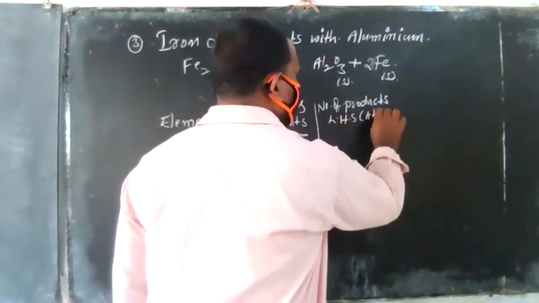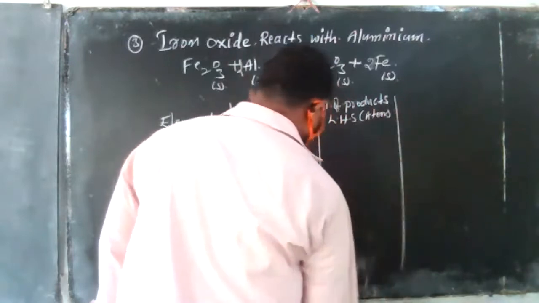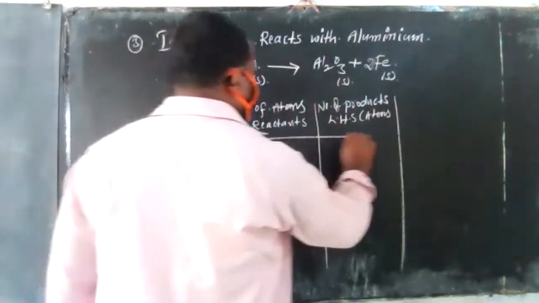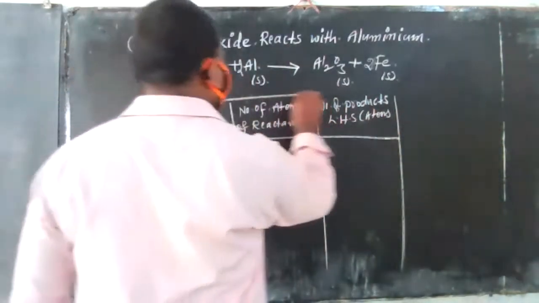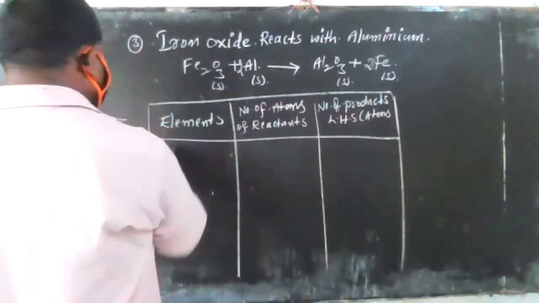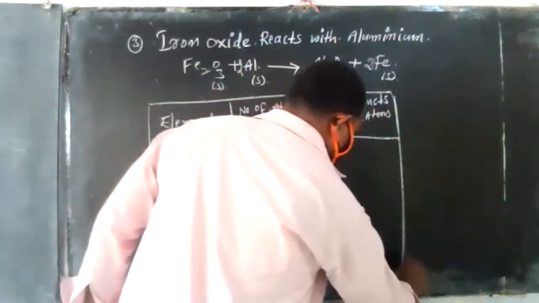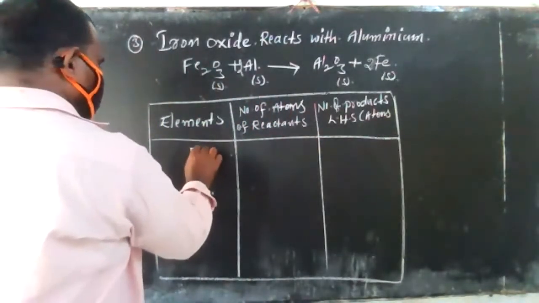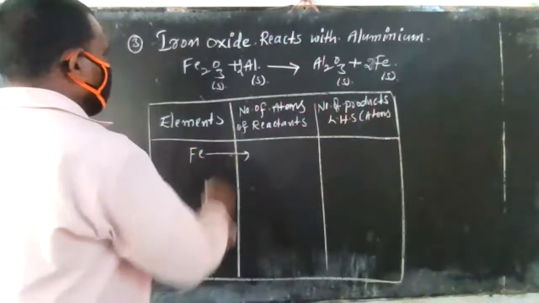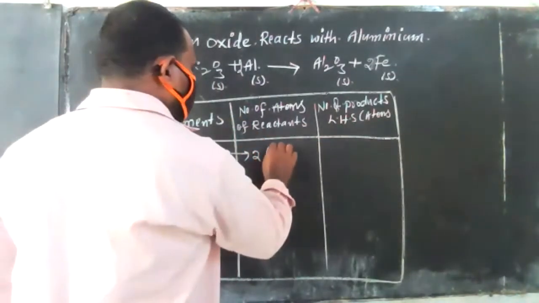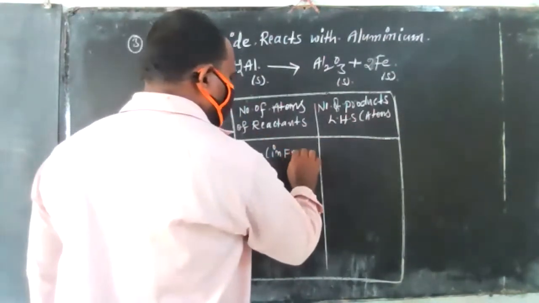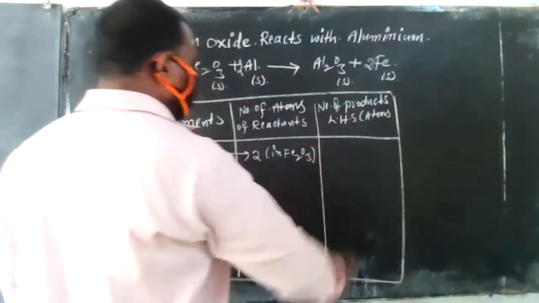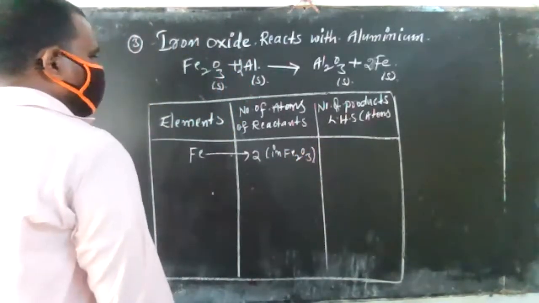Suppose you take iron. How many irons are there? 2, in Fe2O3. So this is the reactant side.